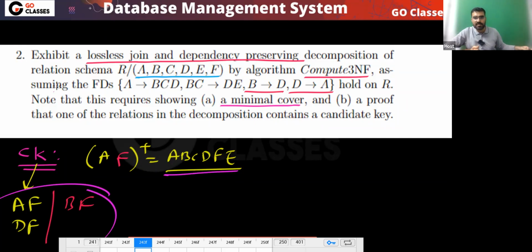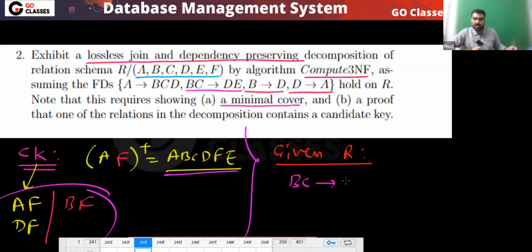Okay. The given relation, is this in BCNF? Sorry, 3NF. Given relation, what do you think? The given R is in 3NF or not? You can check it out. For example, look at this: BC determining E. This is not a super key, right?